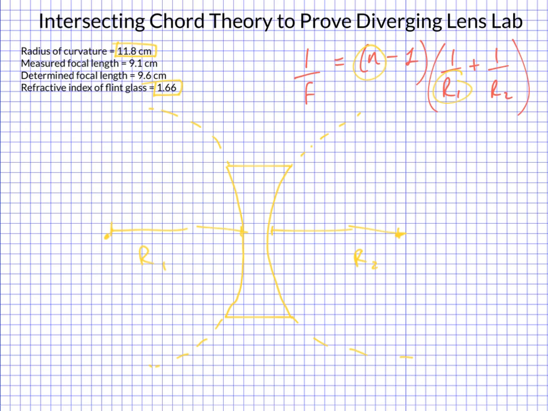So I just did a straightforward measurement on my diagram to get 9.1. And then I used the slope of my data to determine a value, and I got 9.6. So the question is, how does that compare to the F value here when we use this intersecting chord theory value? So let's go ahead and solve.